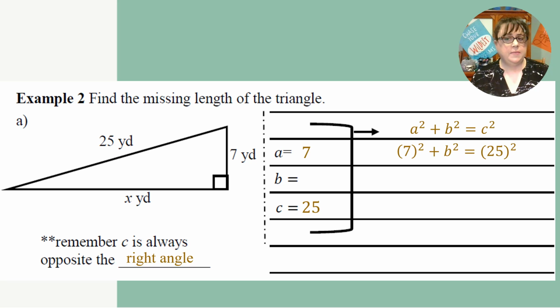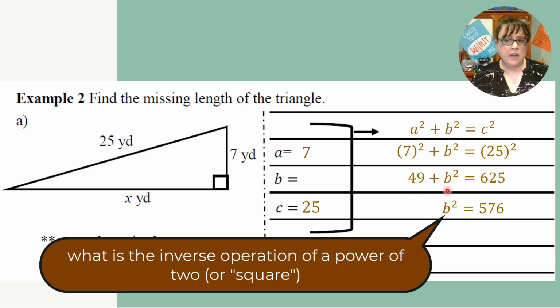So now you're going to substitute in what you have. So 7 was A and 25 was C. I now simplify those parts. So 7 squared is 49 and 25 squared is 625. I now subtract 49 off of both sides and you get 576. Again, I subtracted 49 off both sides.